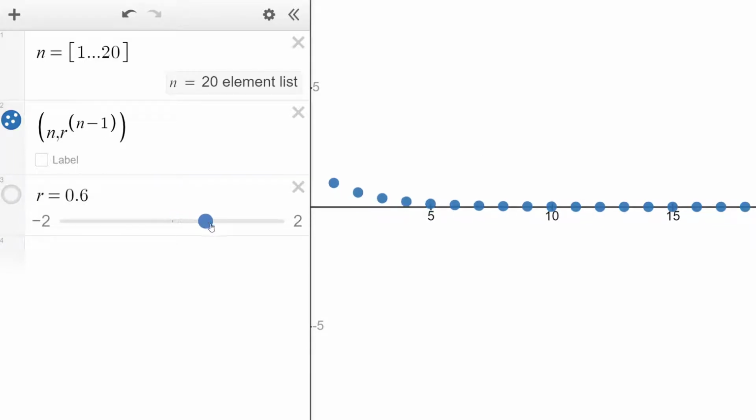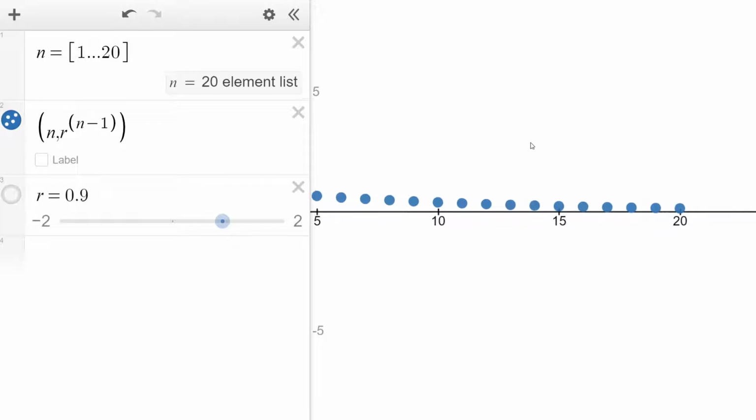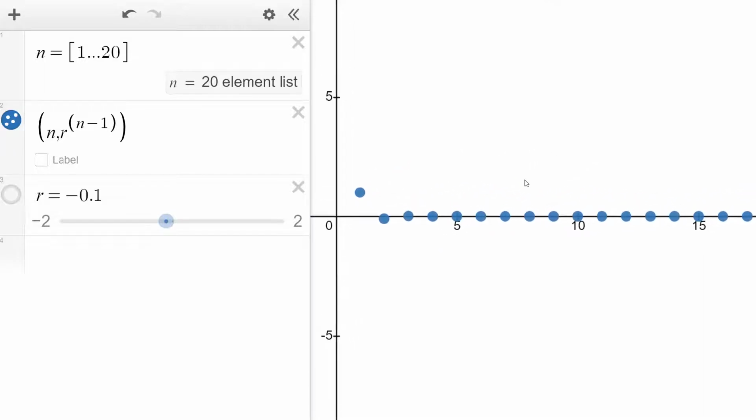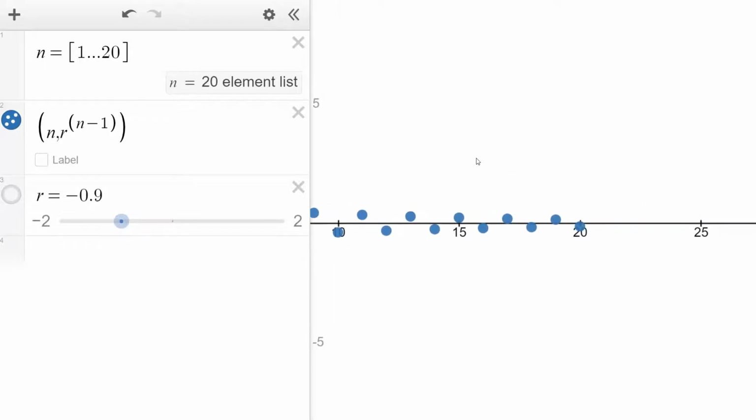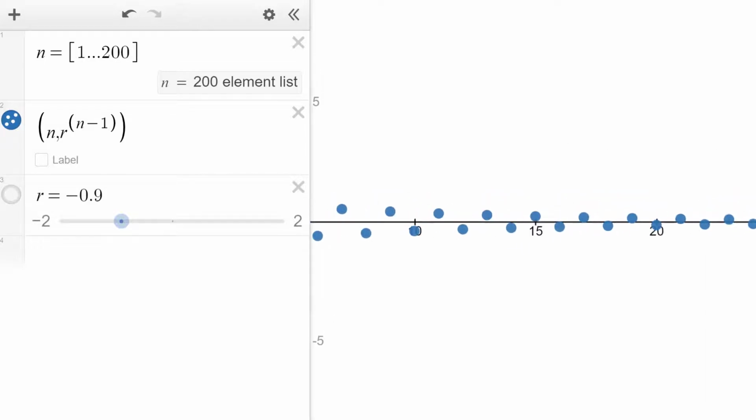Notice it's less than 1 in magnitude, it still does tend to 0 as time goes on, the y values do. And you could go back to negative values as well. We'll go to negative 0.1, negative 0.2. You can see it does spread out a little bit, but it's still tending to 0 as time goes on. I can make my list a little bit larger. So let's go to 200 here. And you can see that as time goes on, it definitely does still go to 0.